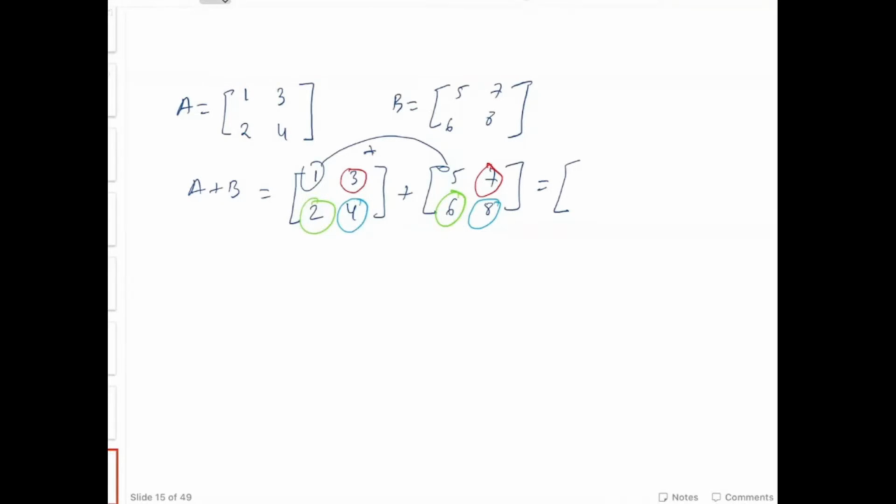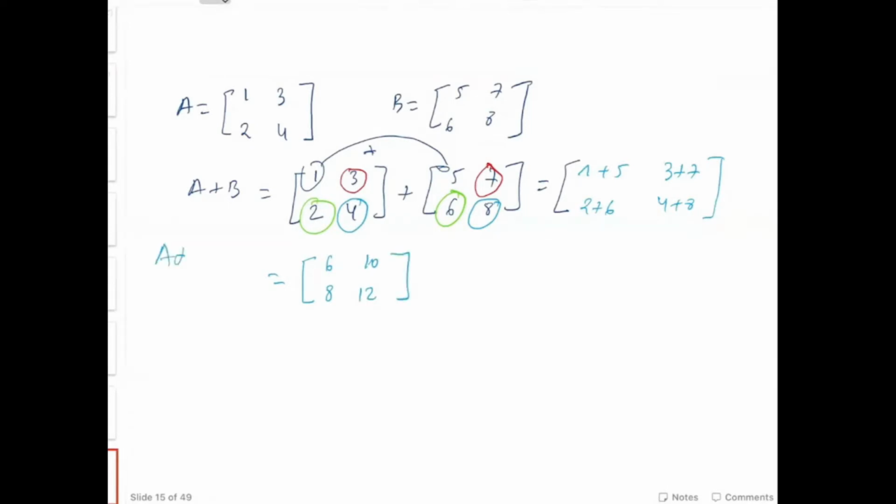So for this case, that will be 1 plus 5, 2 plus 6, 3 plus 7, 4 plus 8, and we have a new matrix that is 6, 8, 10, 12.